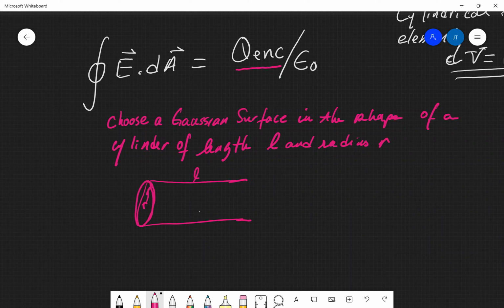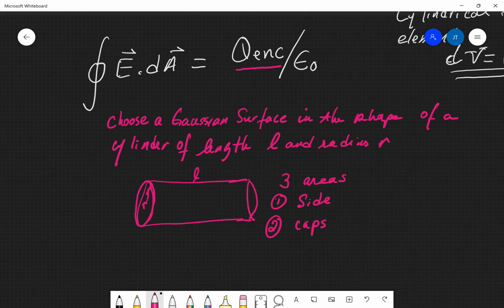The density, we're only going to take it to have radial component, no angular component, and no z component, okay? Just radial. So this cylinder is composed of 3 areas, right? This cylinder has 3 surface areas. One is the side, 2 are the caps. Two caps we have, 3 areas.